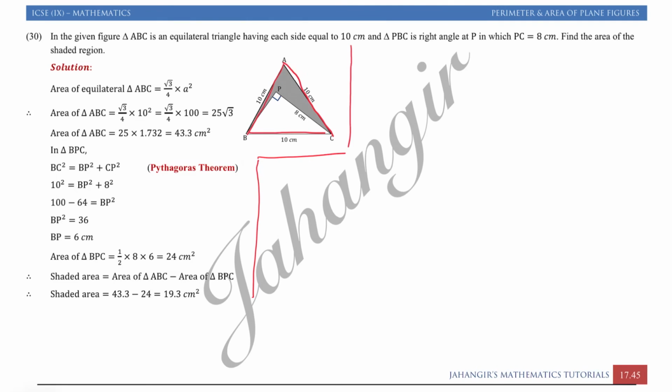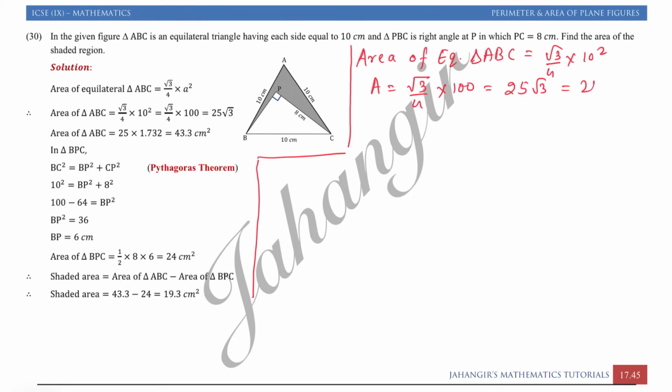So simple hai. First we will find area of an equilateral triangle ABC. Area of equilateral triangle ABC is equal to root 3 by 4 into 10 square. So therefore area is equal to root 3 by 4 into 100, that is 25 root 3, that is equal to 25 into 1.732.